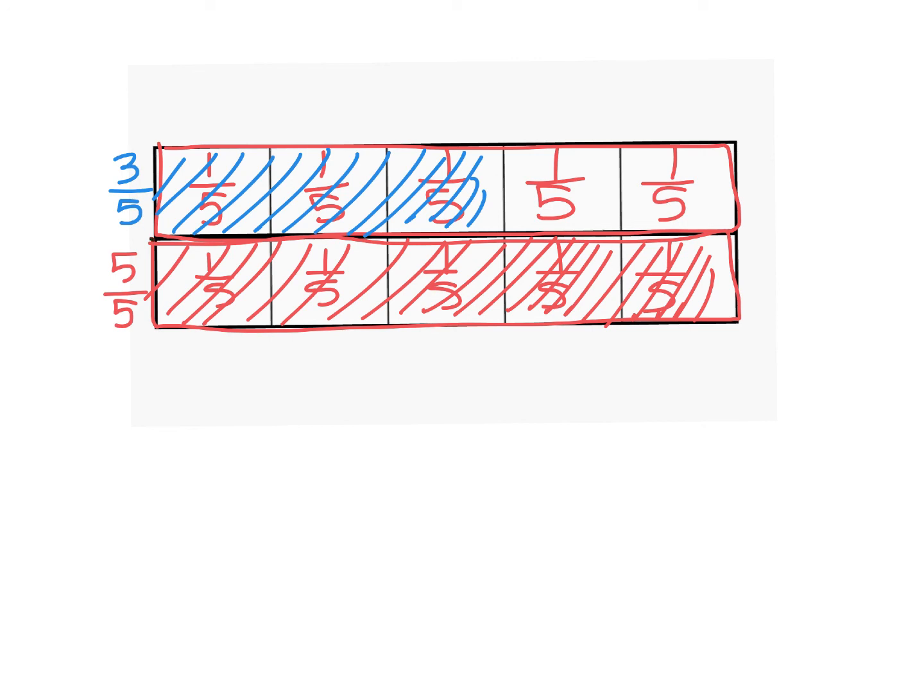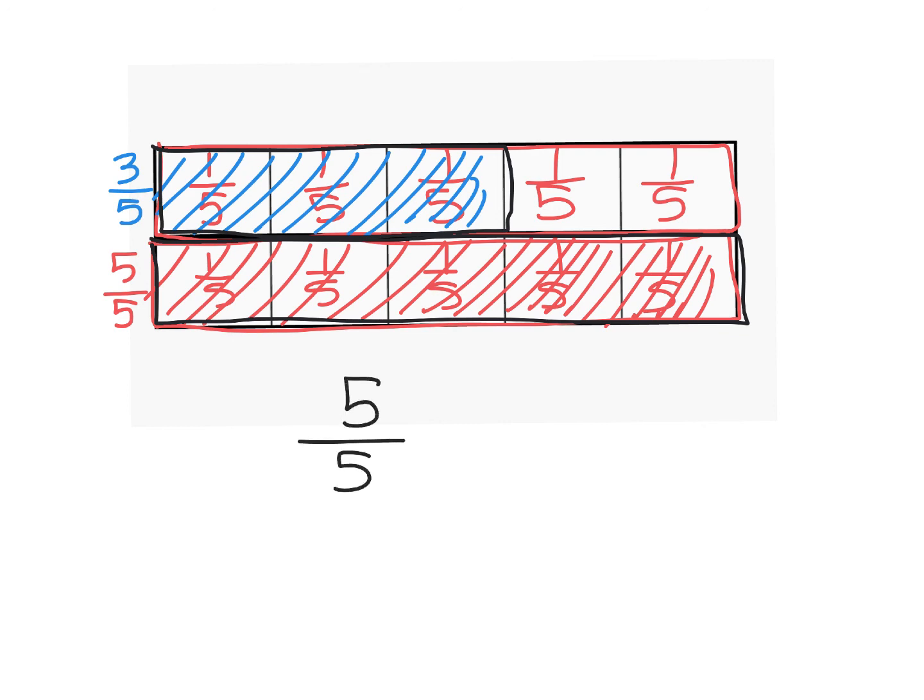I can see that 5/5 is the whole granola bar. They ate the whole thing, where I only ate 3 out of 5 equal parts. So I can say that 5/5, or I could call it 1 whole, is greater than 3/5.